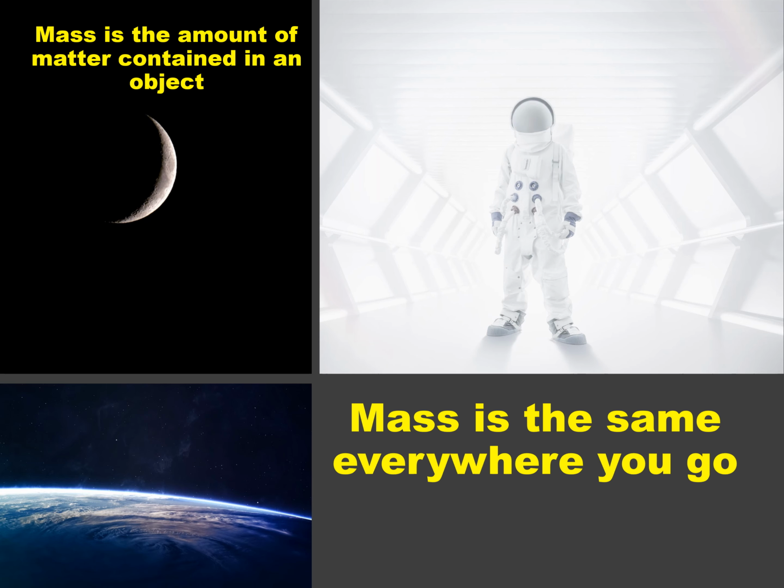Mass never changes. So if you are on Earth, your mass on Earth and your mass in space and on the moon will be the same. So mass is always constant, and mass is the amount of matter that is contained in an object.